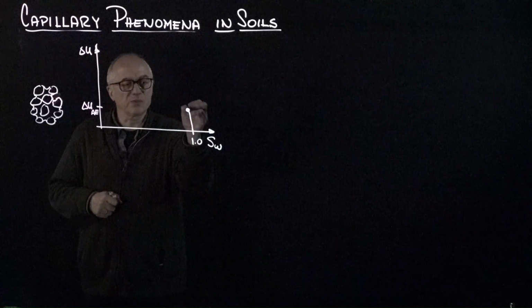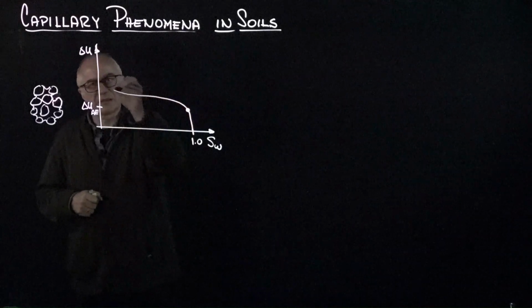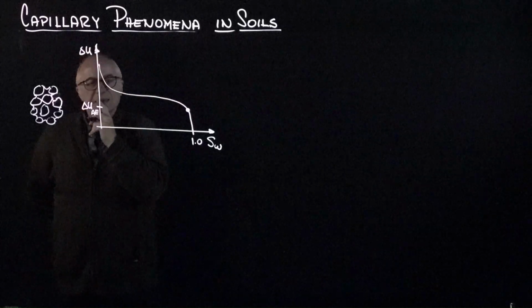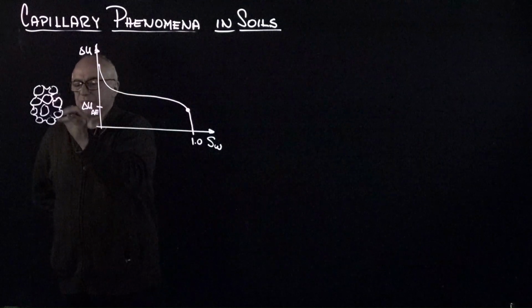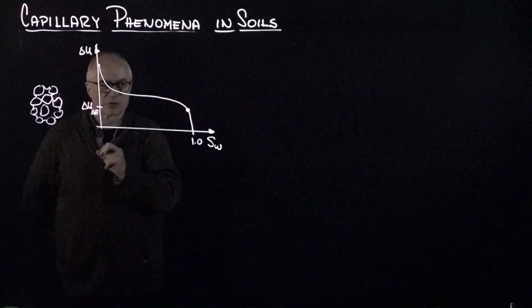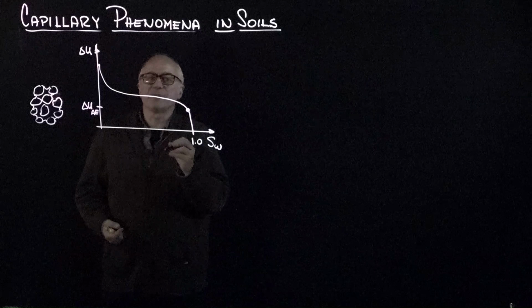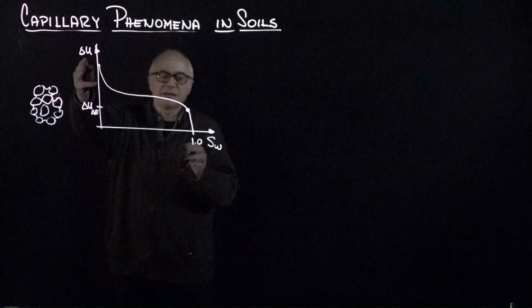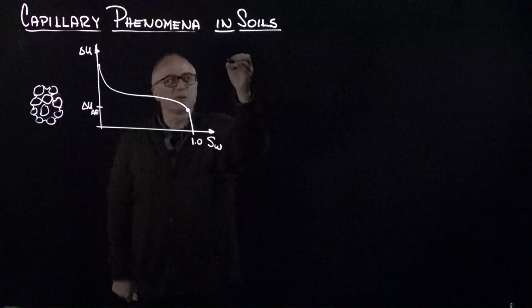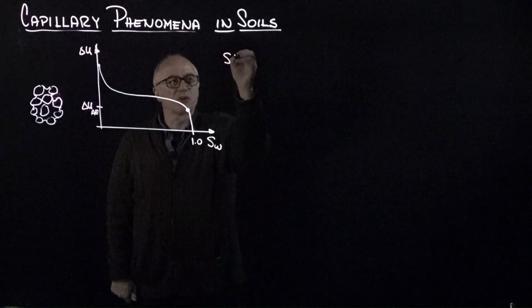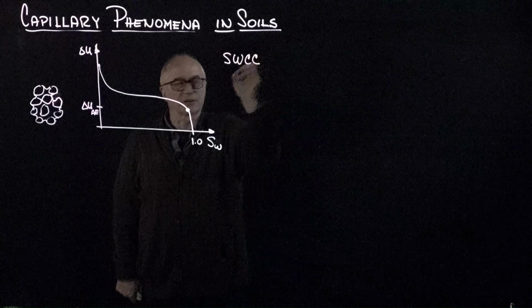And so this will follow something like this. And I made a tail here because at the end, probably there are very small pores. So this is a typical capillary saturation curve, which in geotechnical engineering we often refer to as the soil-water characteristic curve.